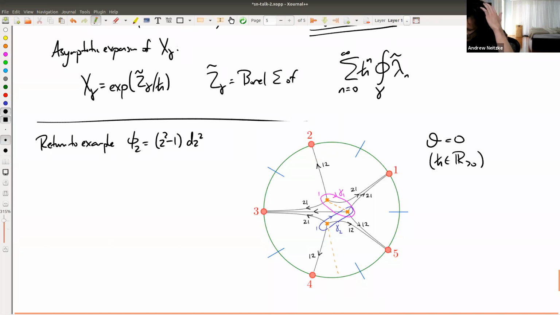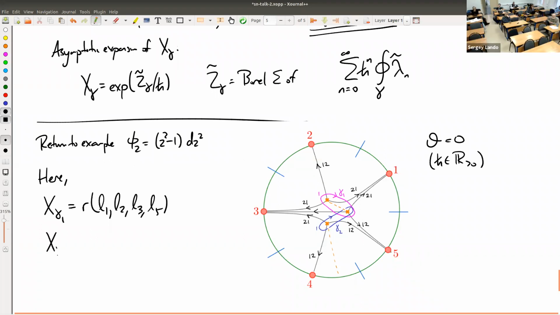Now the statement is that these abelian holonomies, so x gamma 1, the holonomy of this GL1 connection, turns out in this case to be equal to the cross ratio that we mentioned as something you might want to compute. So it's the cross ratio of line 1, line 2, line 3, and line 5.